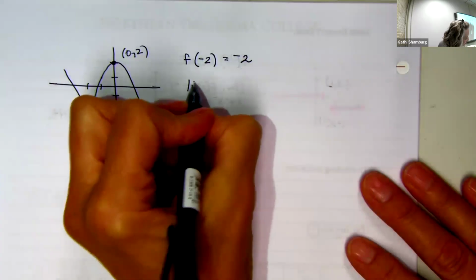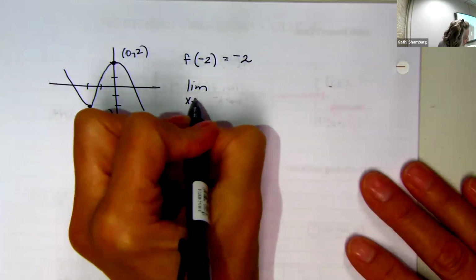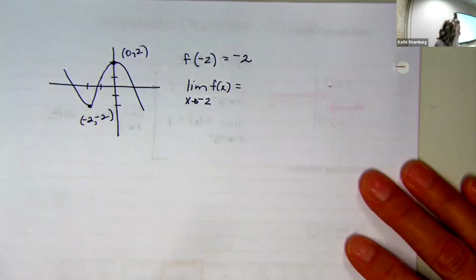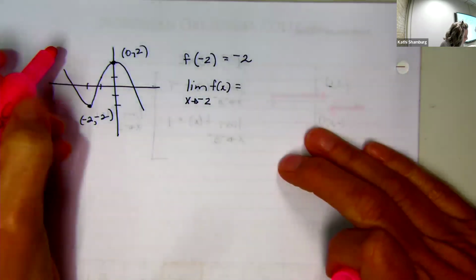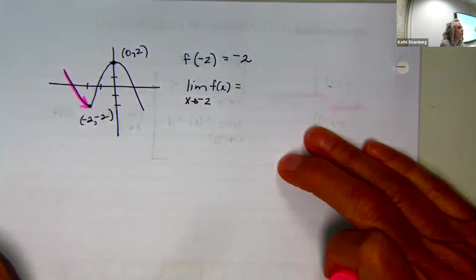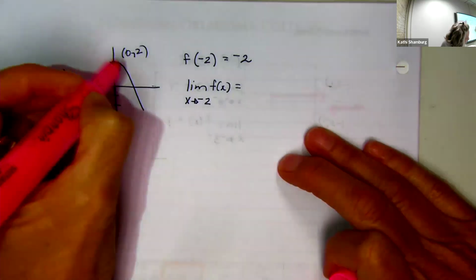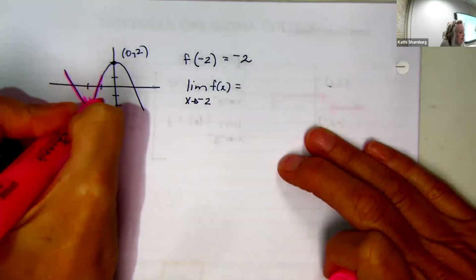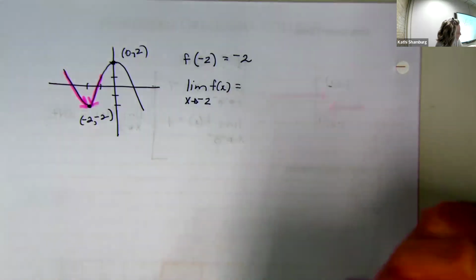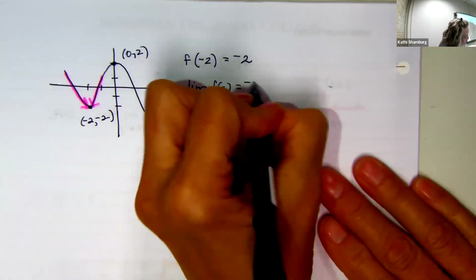What is the limit as x approaches -2? So now we're looking at, from the left, what is it approaching? The output of that ordered pair. What is it approaching from the right? Is it approaching the exact same number? Yes. Therefore, my limit is -2.